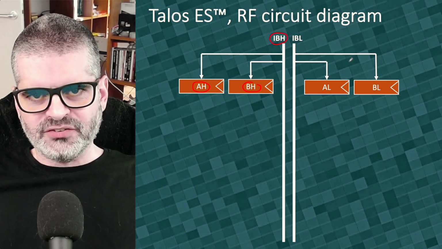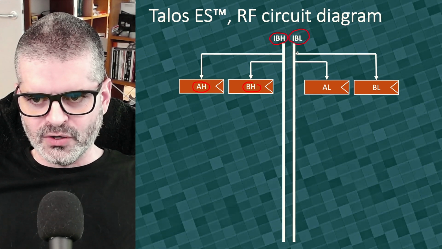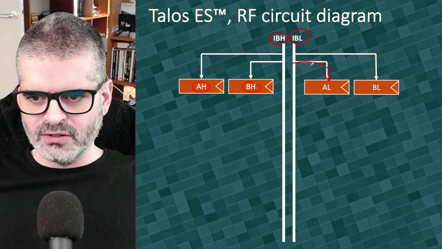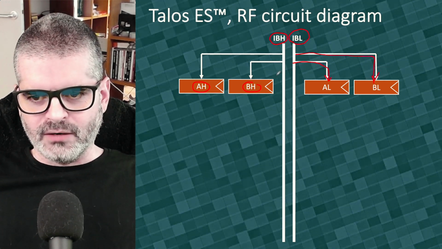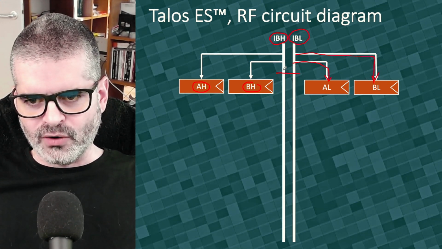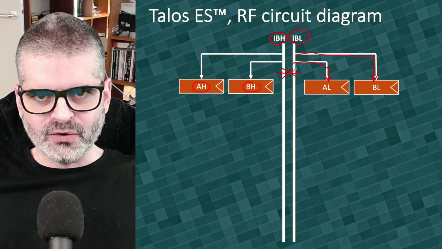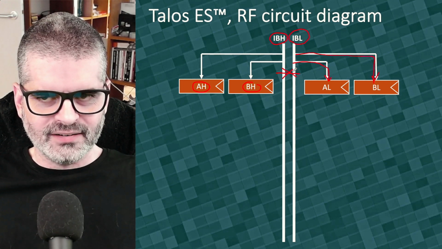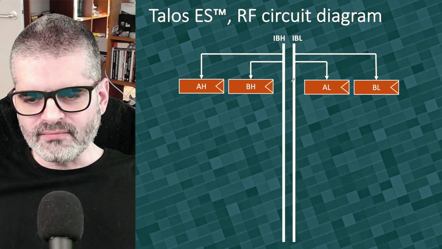And the same thing on the other side for the low byte. I can take the contents of the internal bus low and load them into A low or load them into B low. There is no communication across the 2 bytes of the bus. There is no communication in the register file card. I'll come back to that at a certain point in the future.